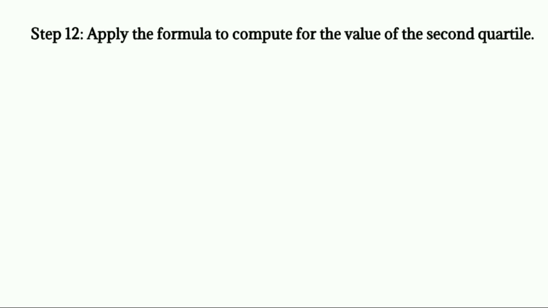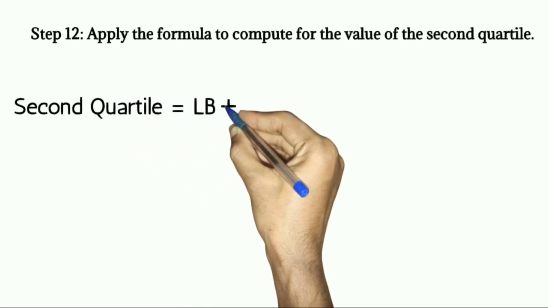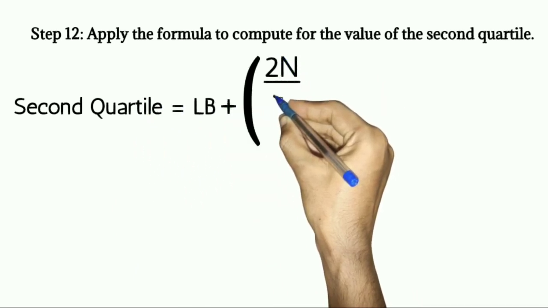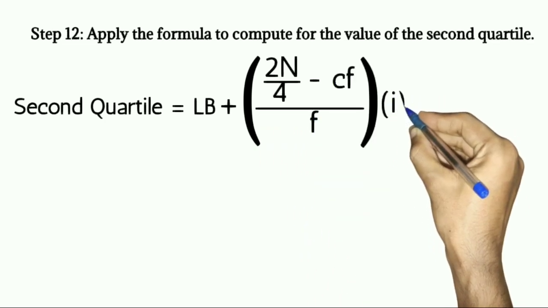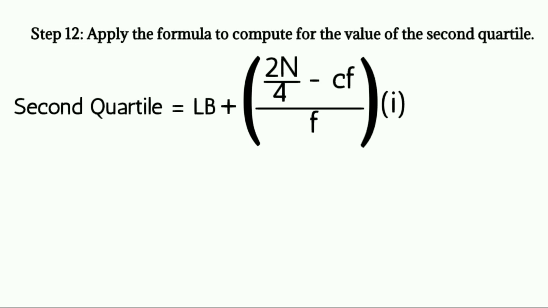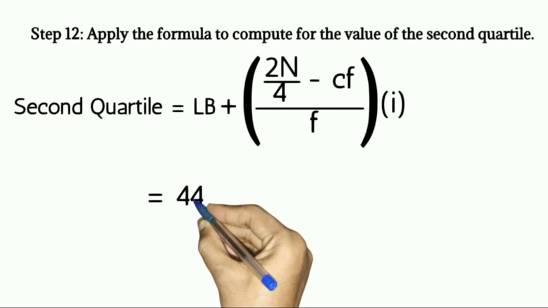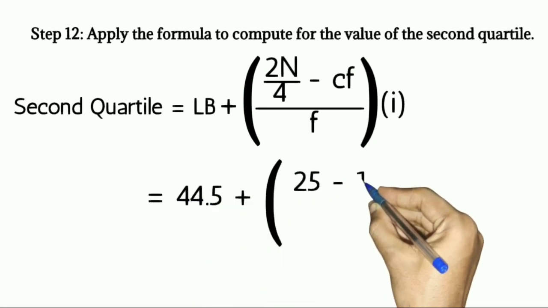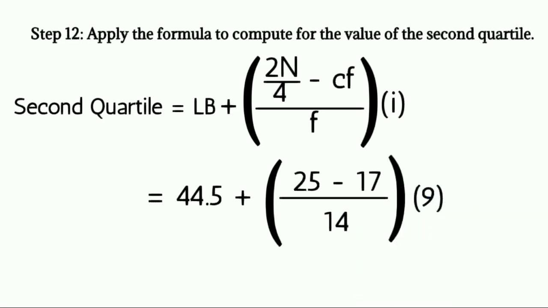The formula is second quartile is equal to LB plus 2n over 4 minus CF divided by F times I. Na-compute na natin kanina yung 2n over 4, that is equal to 25. Let's now substitute the values. The second quartile is equal to 44.5 plus 25 minus 17 over 14 times 9.